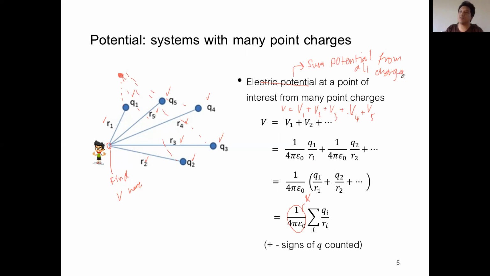That's the key: you sum the potential from the charges, and the plus or minus sign of Q is counted. If I suppose that charge 3 and charge 5 are negative, you need to put a negative sign at 3 and a negative sign at 5.